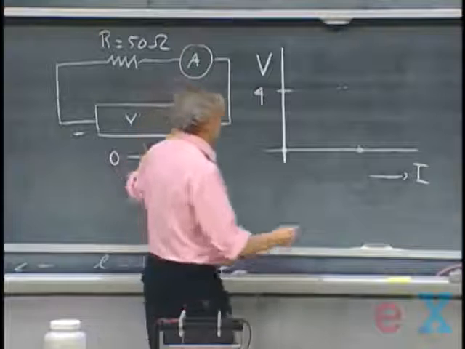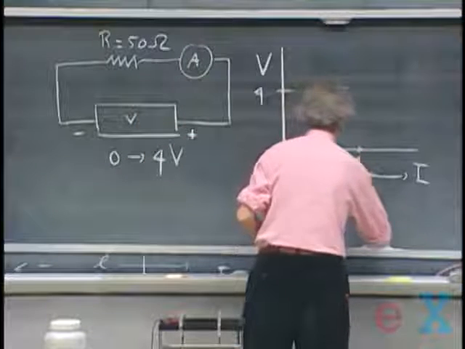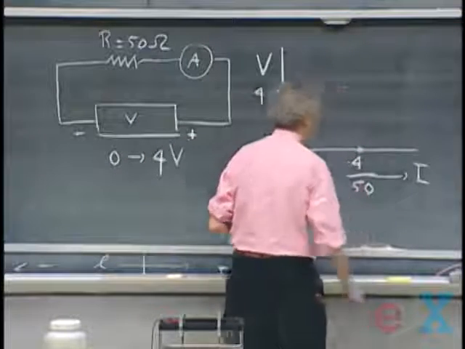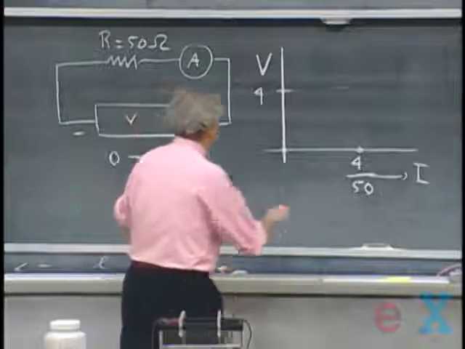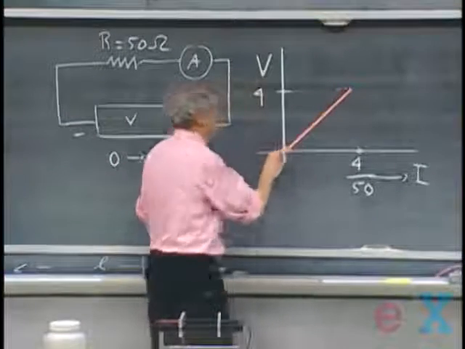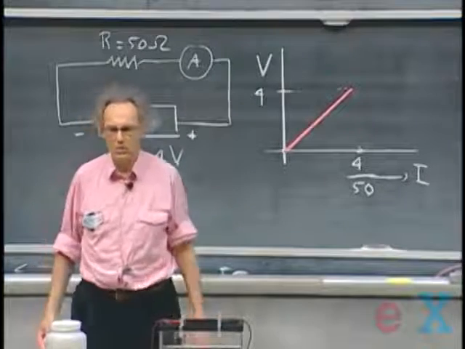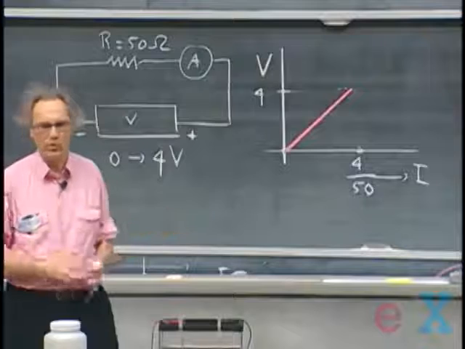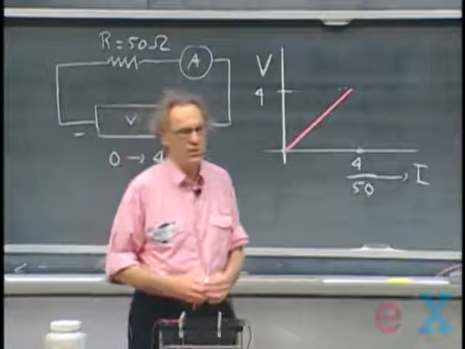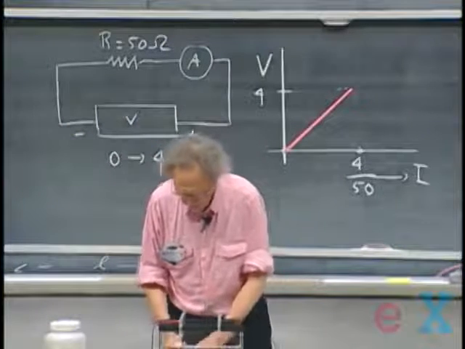According to Ohm's law, I will write down just 4 divided by 50 amperes, which is 0.08 amperes. And if Ohm's law holds, then you would find a straight line. That's the whole idea about Ohm's law, that the potential difference is linearly proportional to the current. You double the potential difference, your current doubles.